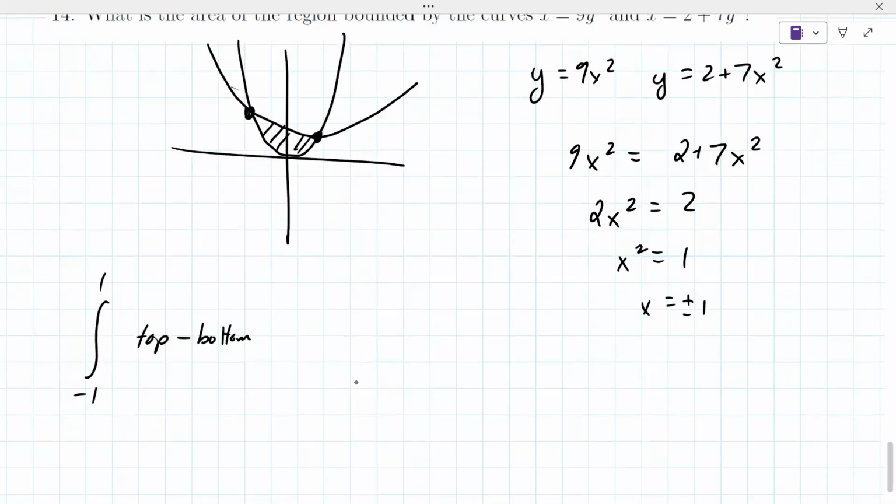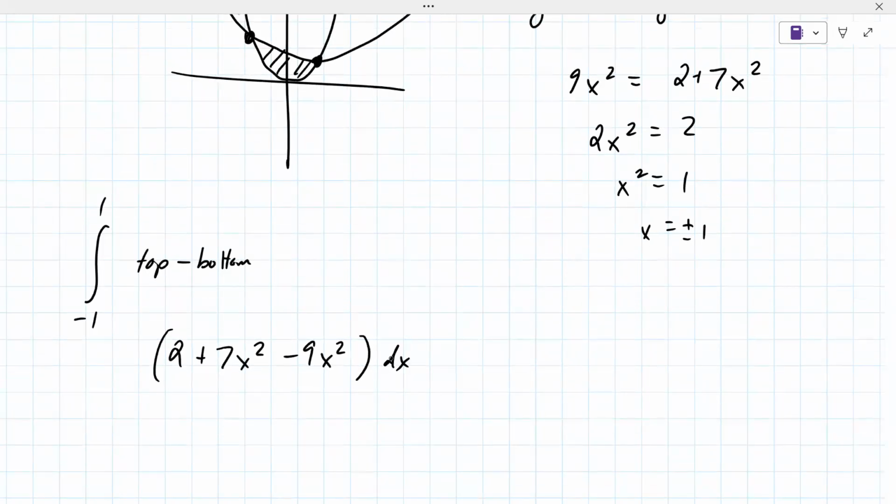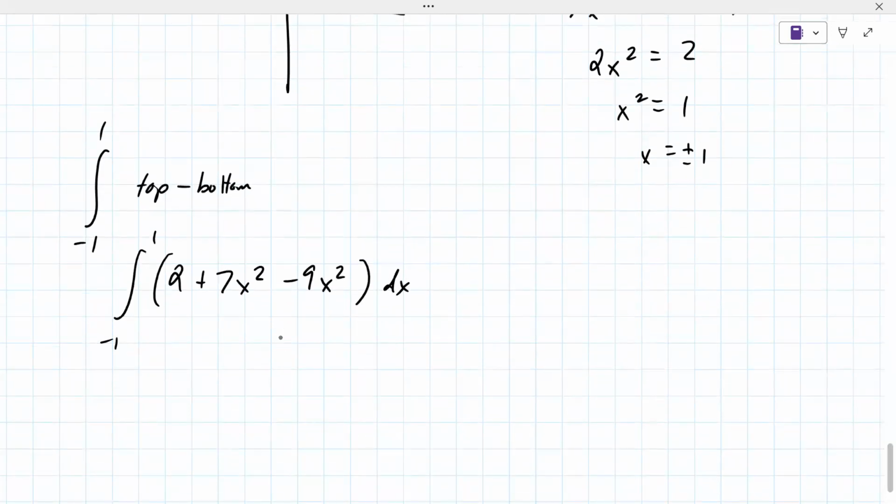The top one in this case is 2 plus 7x squared minus 9x squared. And then you integrate that from -1 to 1. Again, you can go right to your calculator with this, fnInt, math 9, or you can do it by hand. 2x plus 7 over 3 x cubed minus 3x cubed.